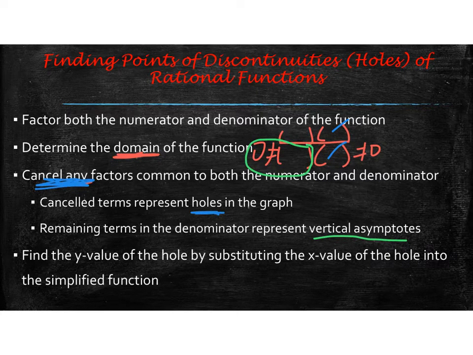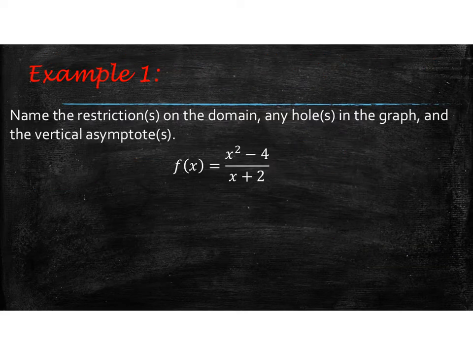Okay, so let's look at a couple of examples of this. All right, so let's take this function. First thing you want to do is factor. You will always factor first. So when I factor x squared minus 4, that's a difference of squares, so that's going to be x plus 2 times x minus 2.